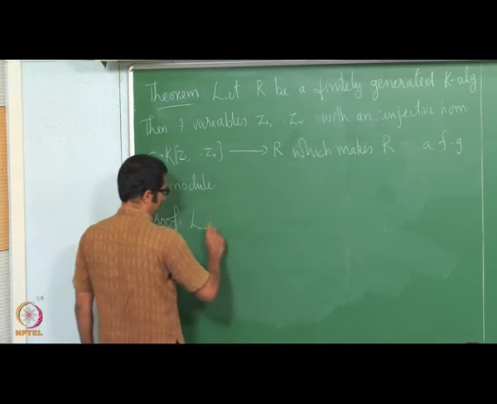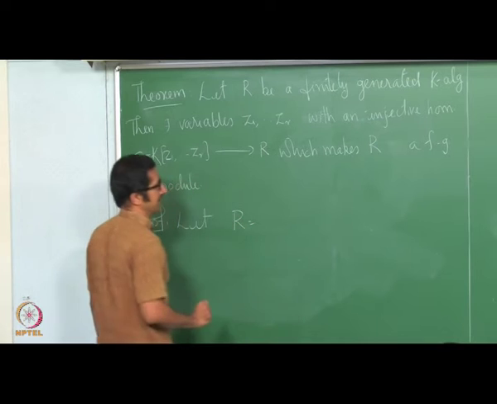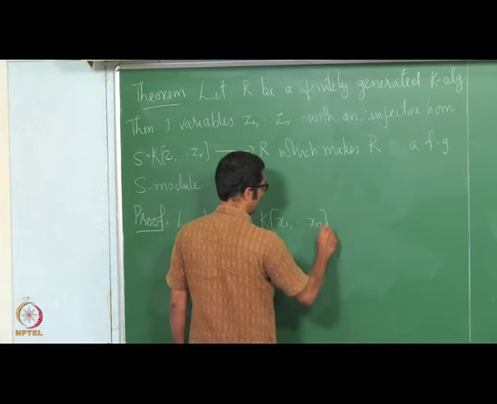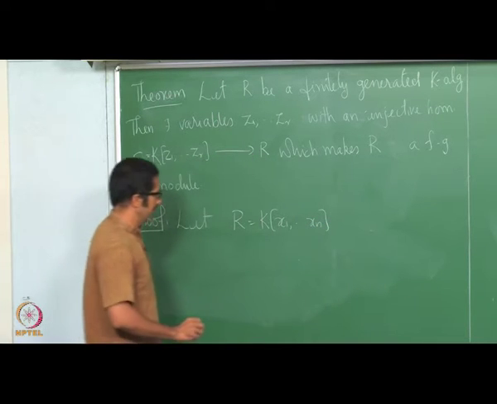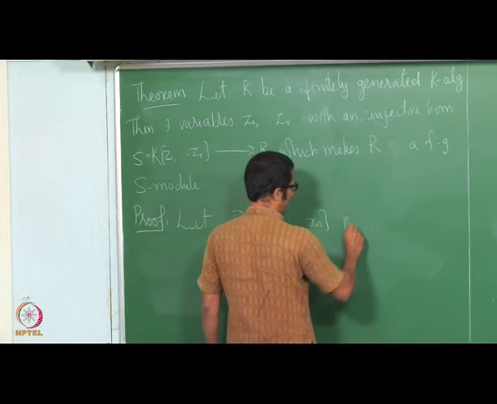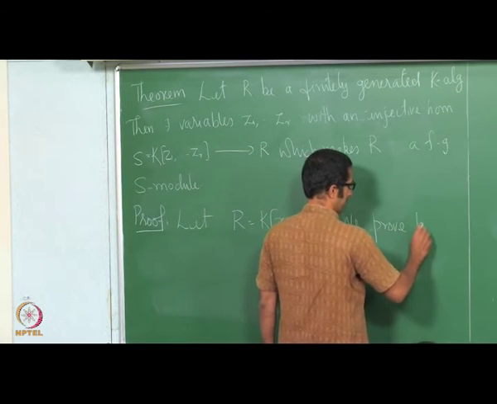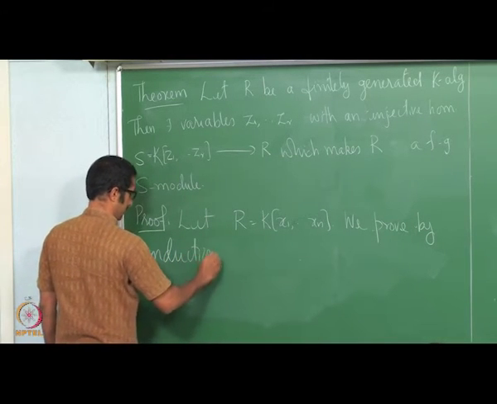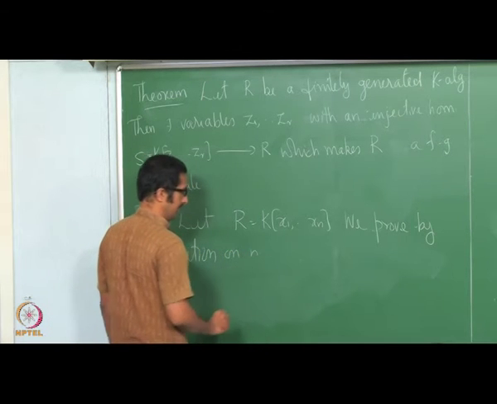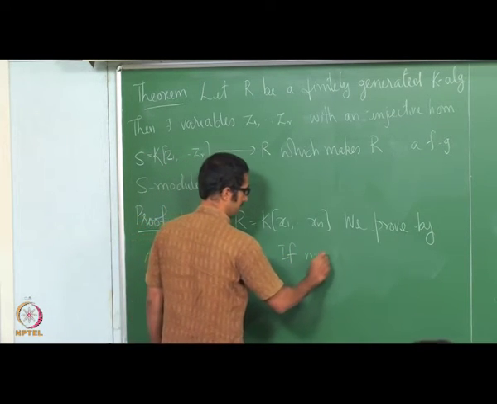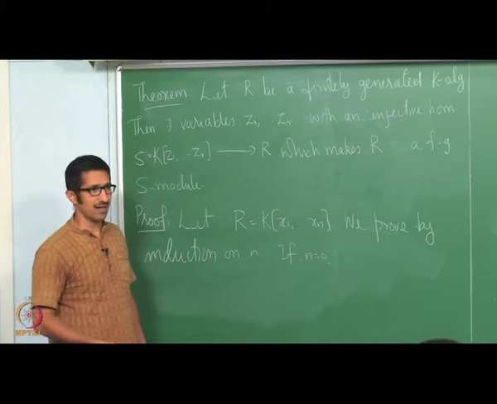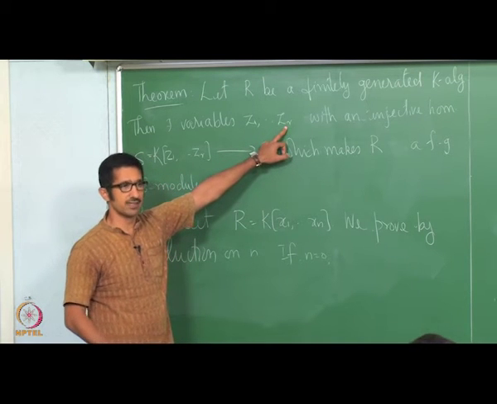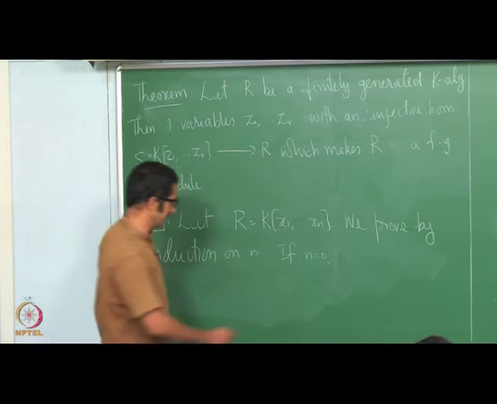So, first let R be a finitely generated K algebra. So, I can write R as k[x1 up to xn]. We prove the theorem by induction on n. If n is 0, R is k, we can take small r to be 0 itself, everything works.